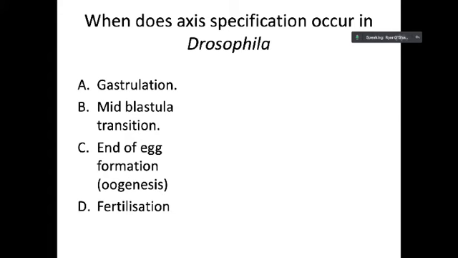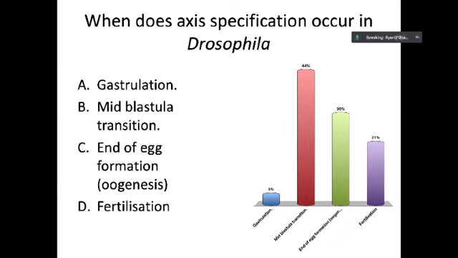Gave it away. So I apologise for giving it away, but these are the answers that your year group last year gave, and actually, to a degree, all of these are correct, apart from fertilisation.